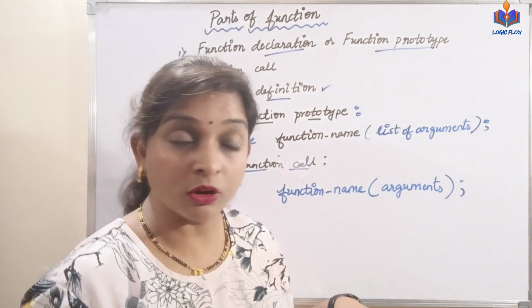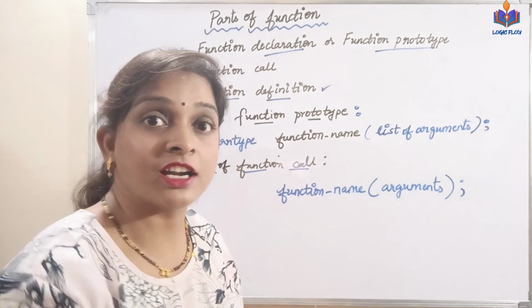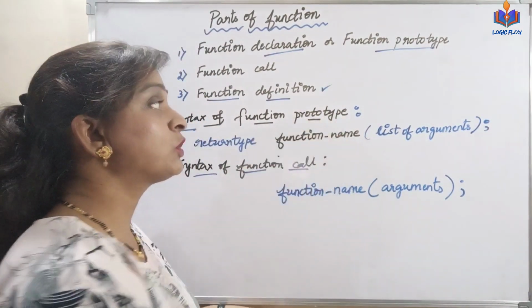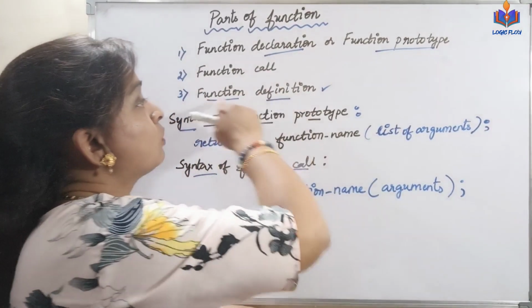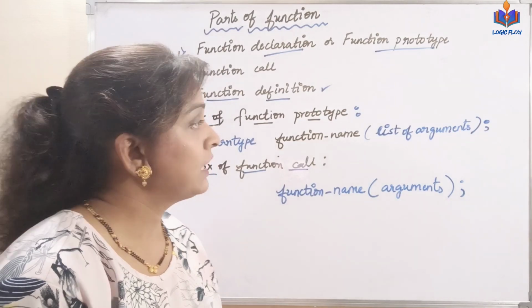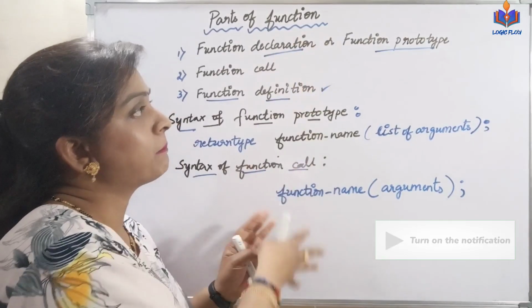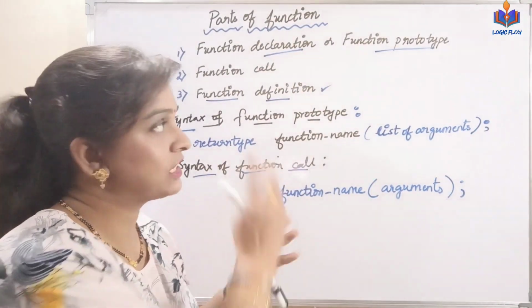And first of all, where to place all these three different parts of the function, that is the question here. Where to write the prototype, where to have the function call, where to have the function definition. I'll simply write a small format of these three parts, showing where we need to place them in the complete program. So let us see that now.